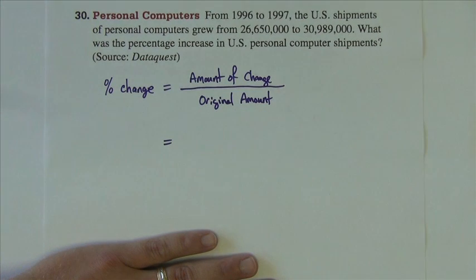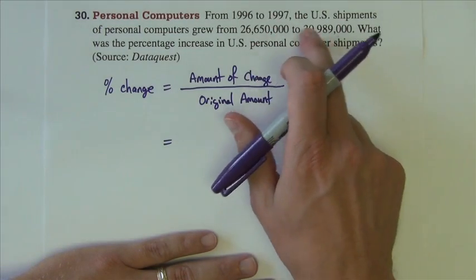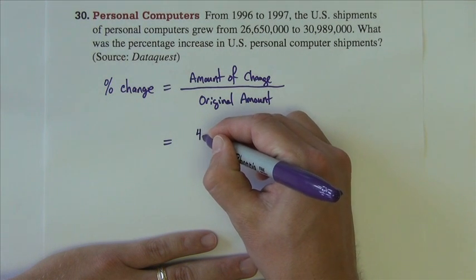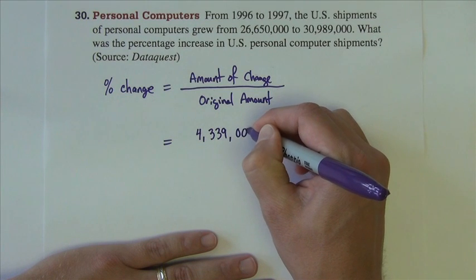The amount of change would be found by finding the difference between 30,989,000 and 26,650,000. So I need to subtract these two quantities. If I subtract those two quantities, we get 4,339,000.